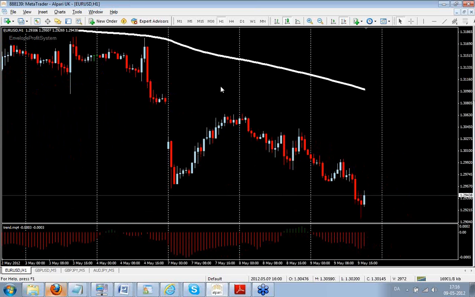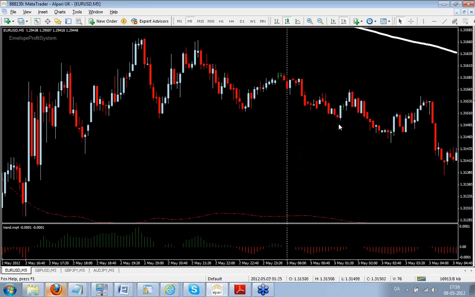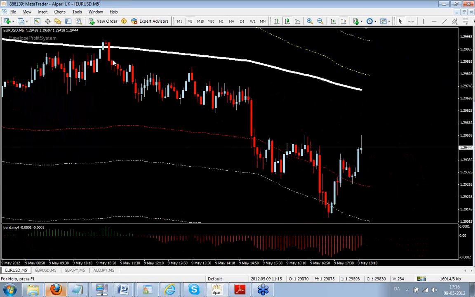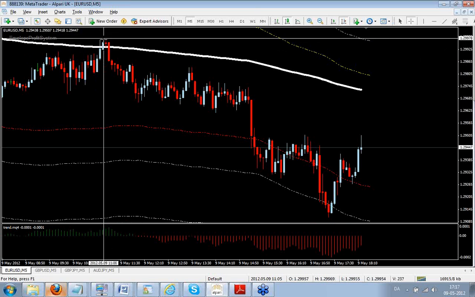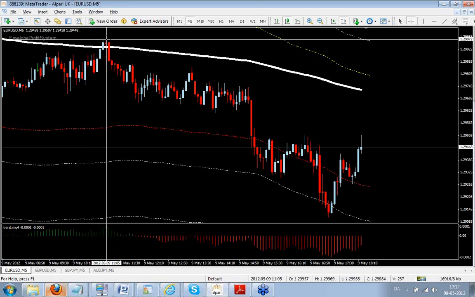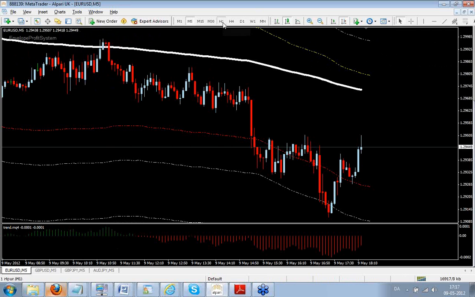This is your dollar 1 hour, and you can see here that we're in a downtrend. You can see that because our indicator here is red, and we are below the 233 EMA. If that's the case, and you are a conservative trader, you only want to take short trades for the entire day today. So this long trade setup, you would ignore as a conservative trader.